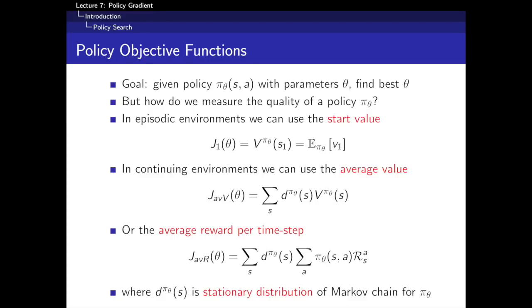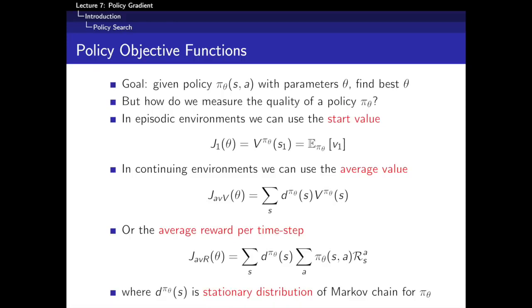Or we might consider another formulation, which is the average reward per time step. What we really care about is, let's consider some continuing environment. I'm going round and round and round, and all I care about is to make sure that per time step I'm getting the most reward. So we're not summing these rewards over time, we're just taking the average of my immediate rewards over the entire distribution of states that I visit.